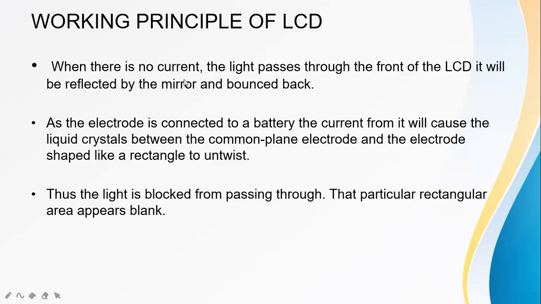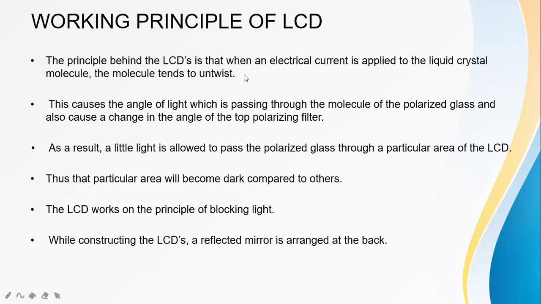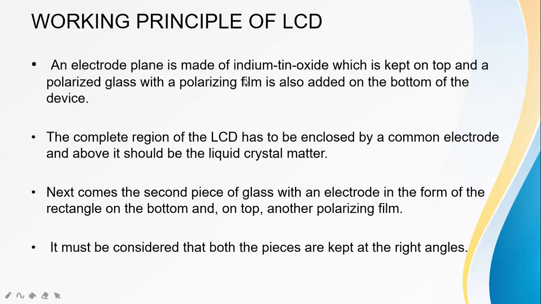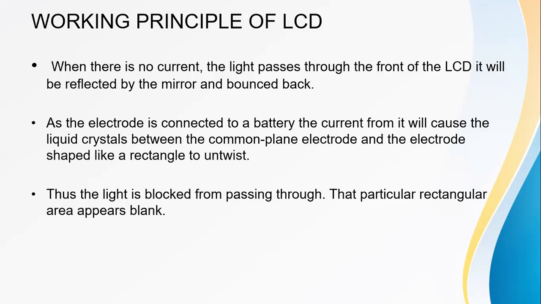When there is no current, the light passes through the front end of the LCD. It will be reflected by the mirror and bounced back. Whenever an electric current is applied, the liquid crystal molecules change their shape.